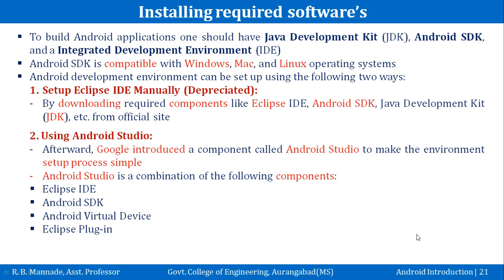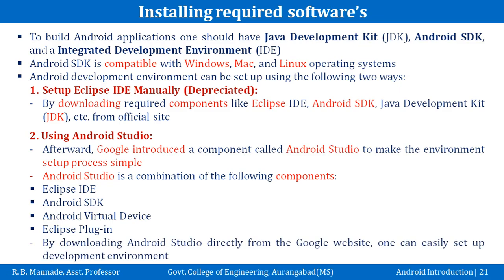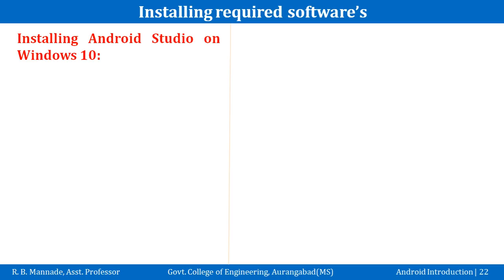That's why installation using Android Studio is very easy. By downloading Android Studio directly from the Google official website, one can easily set up the development environment for Android programming.